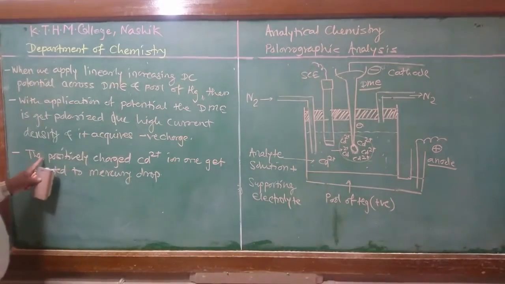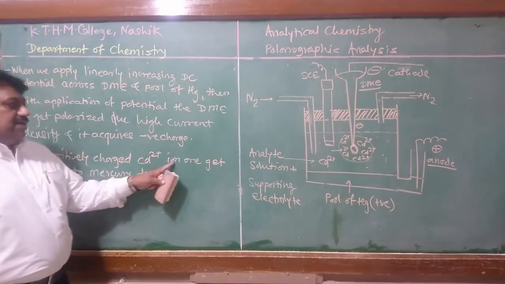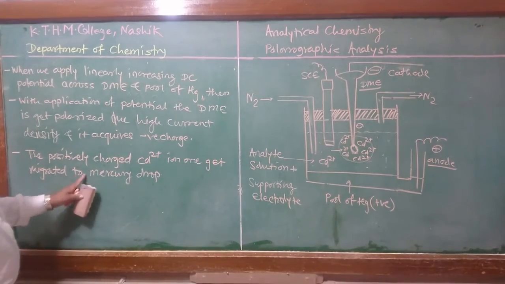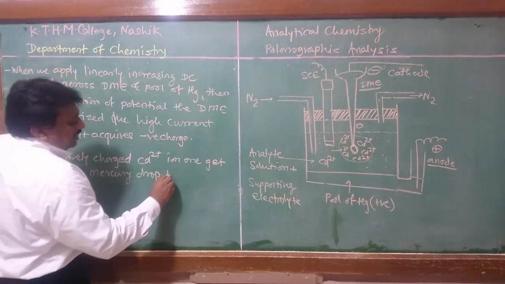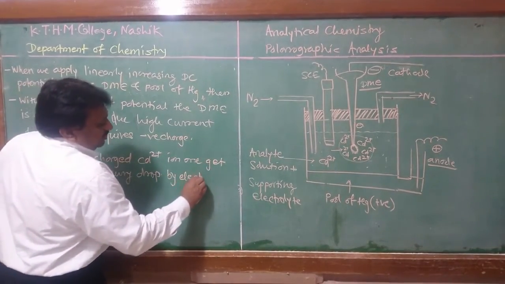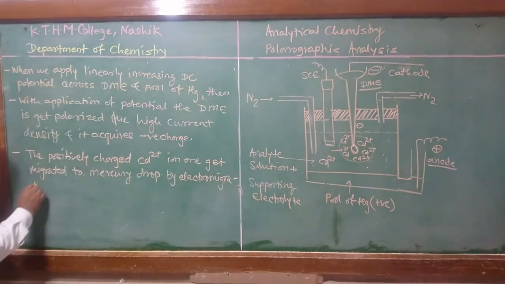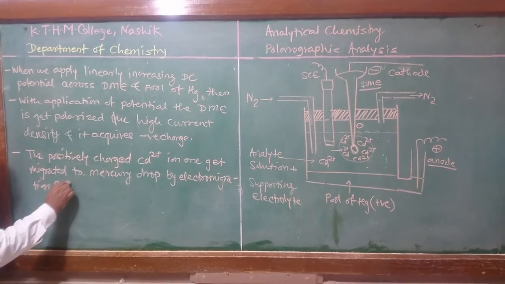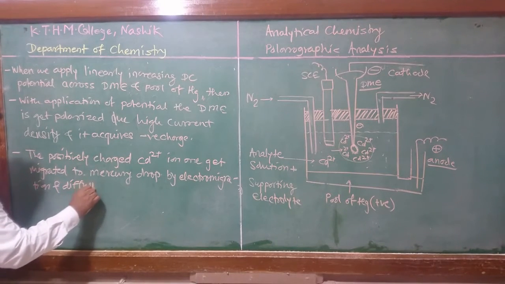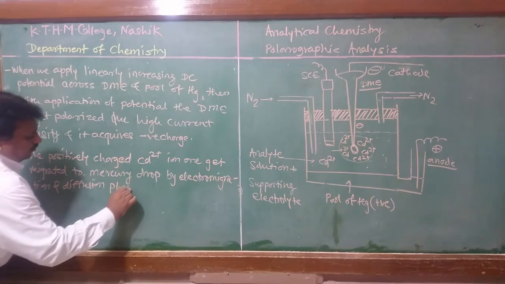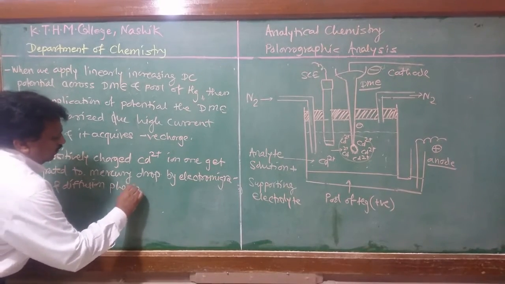Therefore, the positively charged cadmium ions migrate to the mercury drop by electromigration and by the diffusion process.